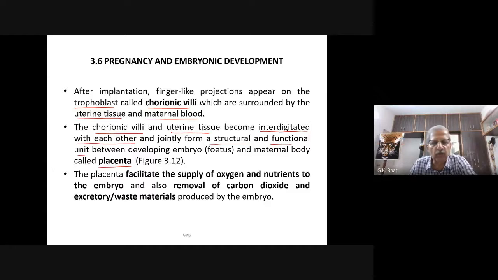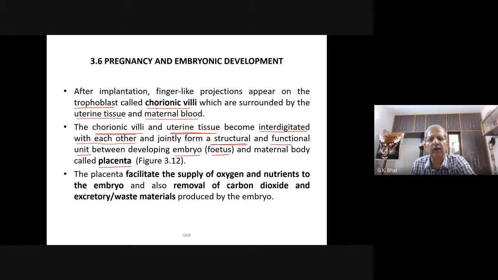If the question is asked, what is placenta? Define placenta. You have to write: placenta is a structural and functional unit formed by chorionic villi and the uterine tissue between the developing embryo, that is the fetus, and the maternal body.